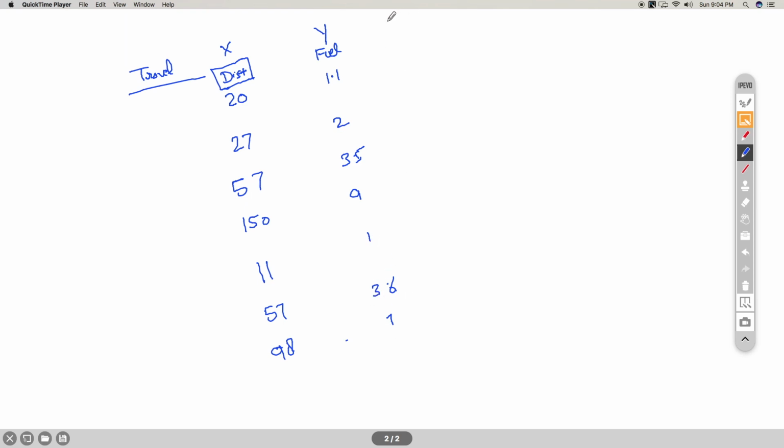Now there could be a number of passengers traveling. So here the number of passengers is 1, 3, 4, here we have 6, we have only 2, we have 7, and some are only 2. Then we have the number of passengers. Then for this guy, suppose it is a taxi or something, then probably the amount collected.